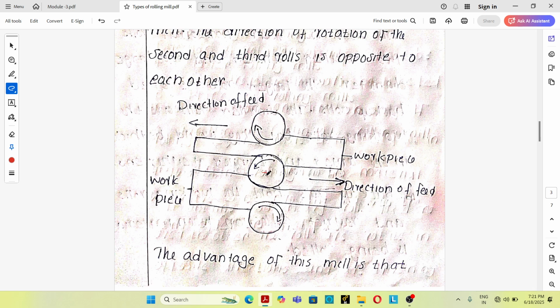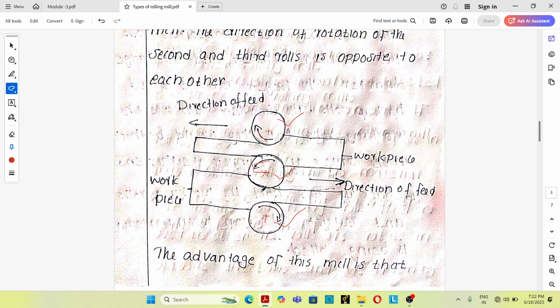This is the first roller, this is the second roller, and this is the third roller. The direction of rotation of the first and second rollers is opposite, and the direction of rotation of the second and third rollers is opposite. Okay.